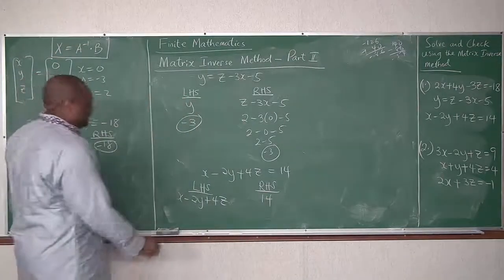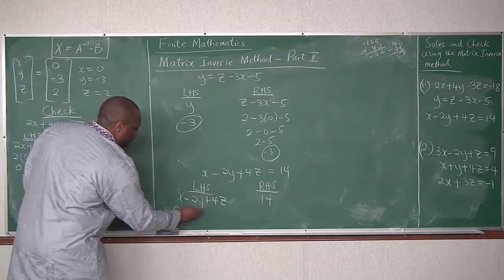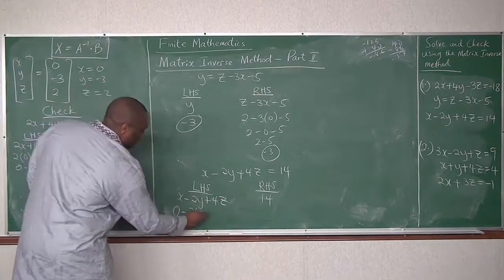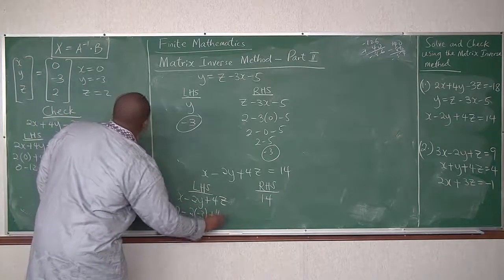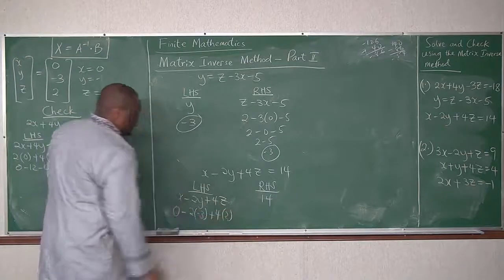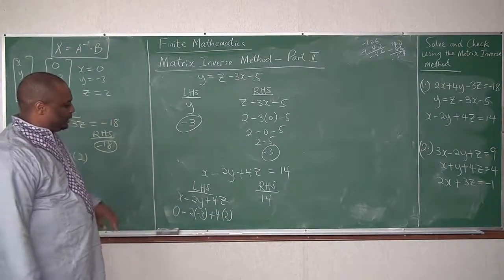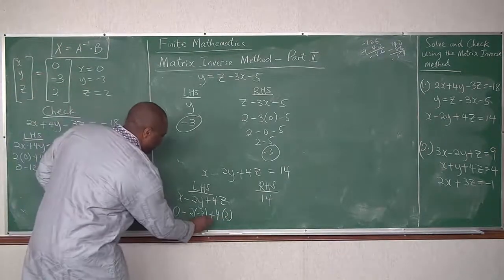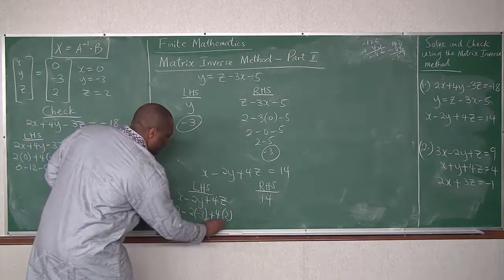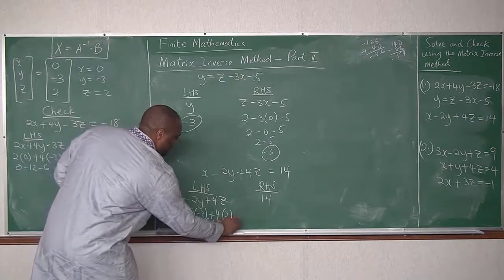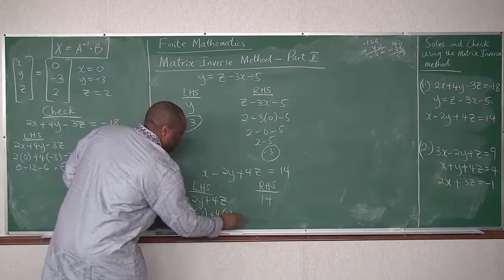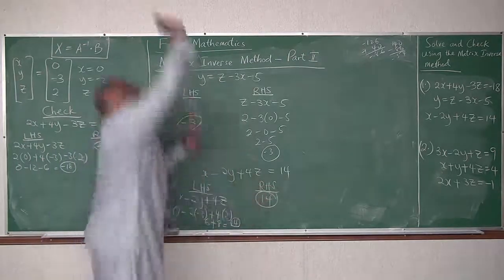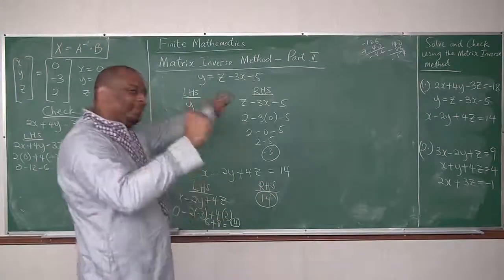So this is x is 0 minus 2 times minus 3 plus 4 times 2. So minus 2 times minus 3 is what? 6. So this is 6 plus 8, and that is 14. 14 on your left, 14 on your right. Jump up and touch the ceiling. Yo.